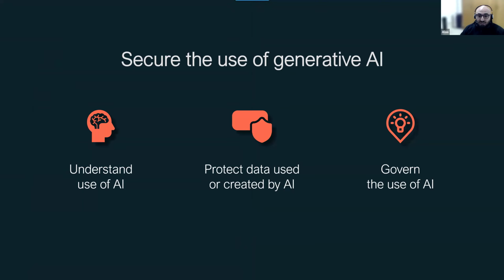Some apps may not meet security standards, so you may need to limit their use. Others may need some controls to allow everyone in the business to use them. So it is important to understand how they are using AI, protect the data it handles, and manage its use properly.